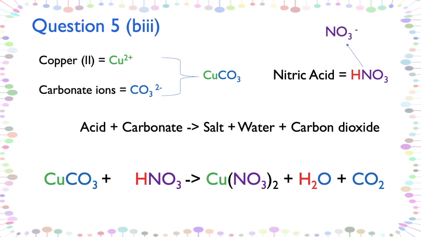The only thing you have to balance are the hydrogens. So as you can see, there's 2 on the right in the water and only 1 on the left. Therefore, we need 2 nitric acids for this reaction to occur. So the final symbol equation is copper carbonate plus 2 nitric acid goes to copper nitrate plus water plus carbon dioxide. Thank you for listening.